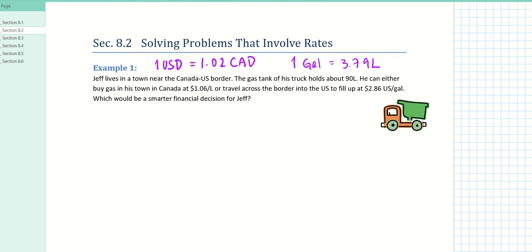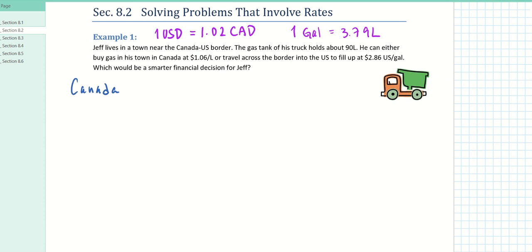Okay, so let's take the Canadian price first. We have $1.06 per liter. If he fills up the full tank, the full 90 liters, let's write Canada here and do the price per liter.